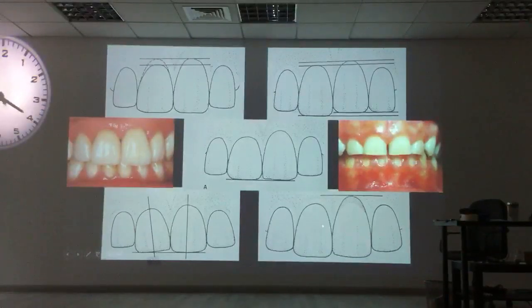The last scenario, let's go quickly. There is not a big difference between this and this scenario. The only thing to pay attention to here is recession. If the recession is there and the dentin is exposed, that means thin biotype and no bone here.